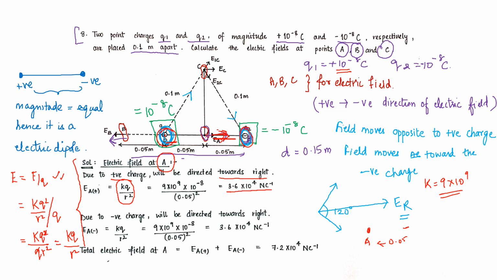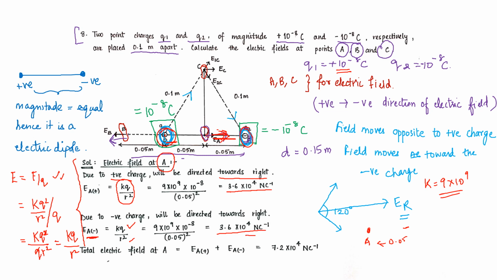Similarly, we will get the same value of electric field, that is KQ by R square, and K is the same, Q is the same, and the distance between the negative charge and A is also the same as the distance from the positive charge to A. Okay. So everything is the same and hence the electric field which we received is also the same.